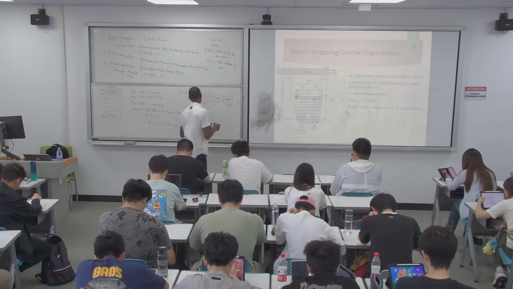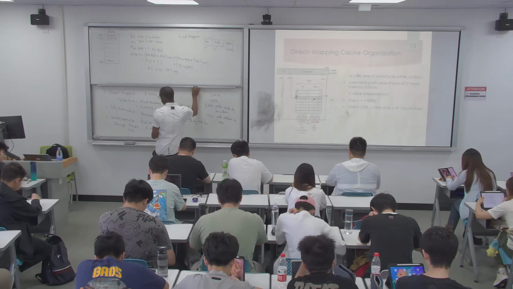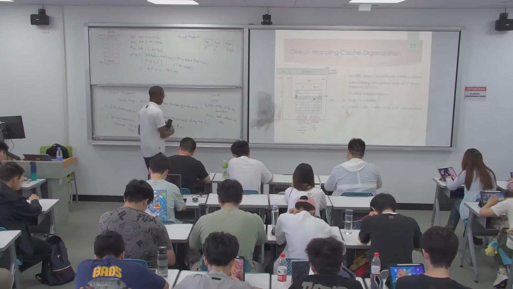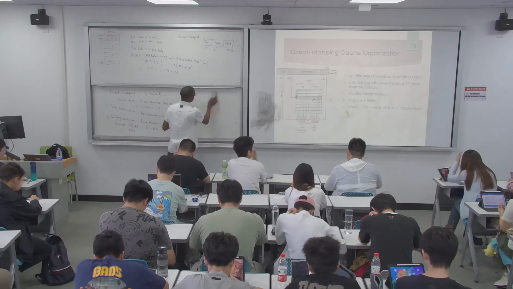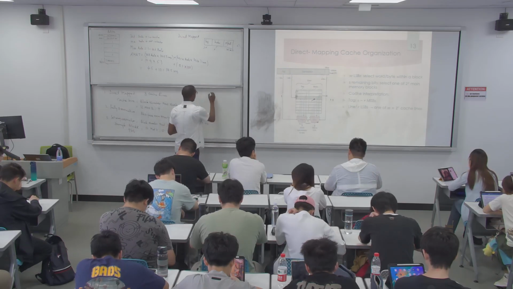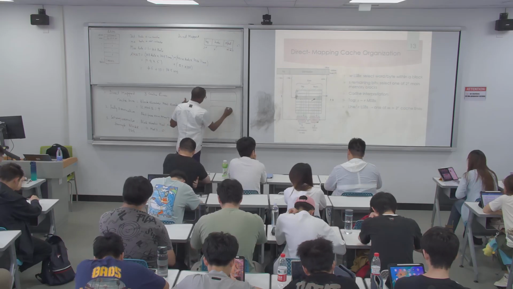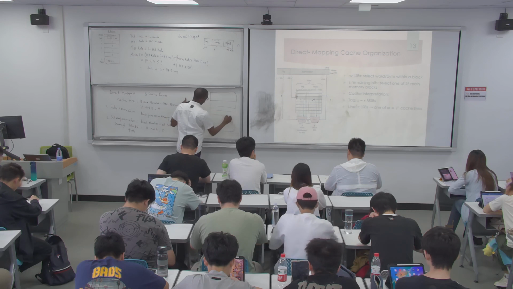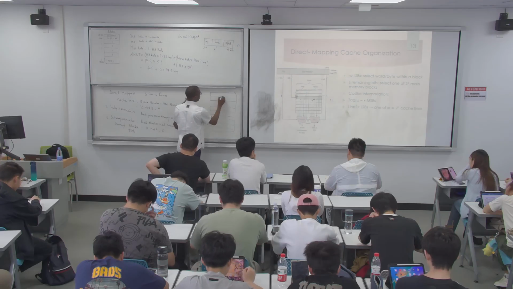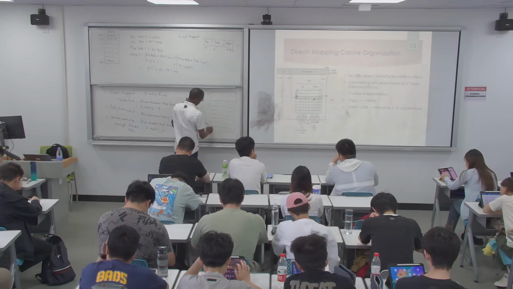Now, if you still remember, we have the cache memory. These are line 0, 1, 2, let's say up to L minus 1.